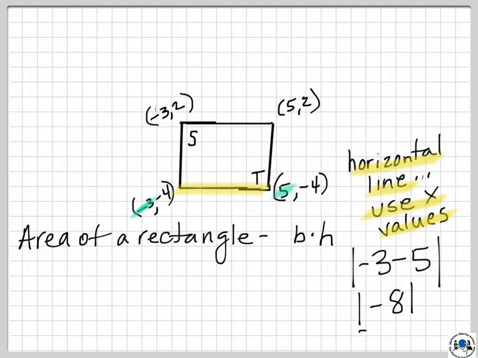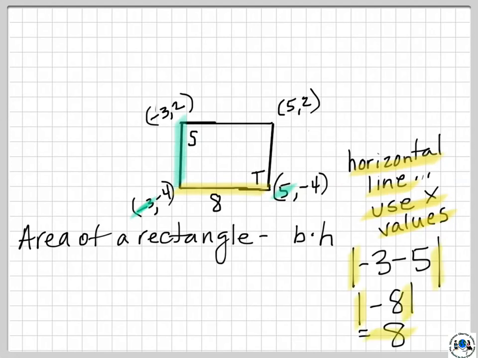To figure out the distance between them, as we've done in the past, we calculate the absolute value of -3 minus 5, which is the absolute value of -8, which gives us 8. Therefore we have 8 as the length of that line segment that stretches from -3 to 5 as a value of x.